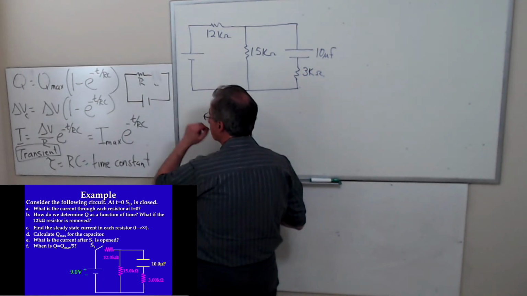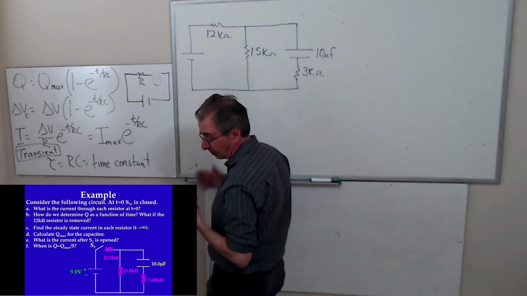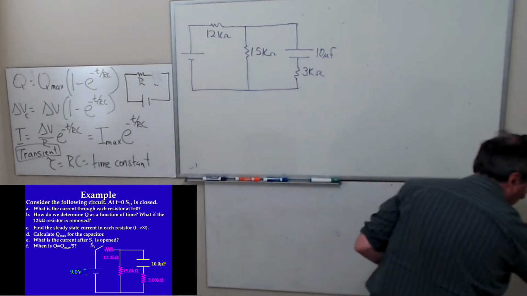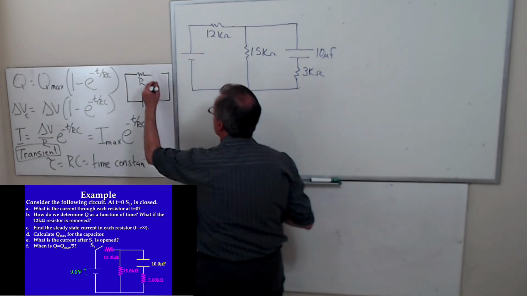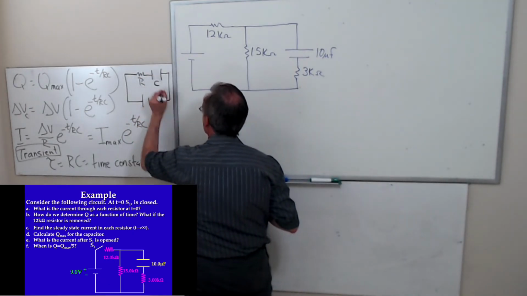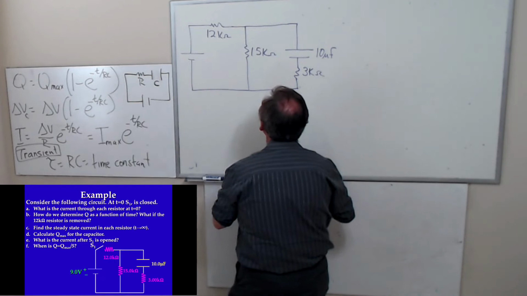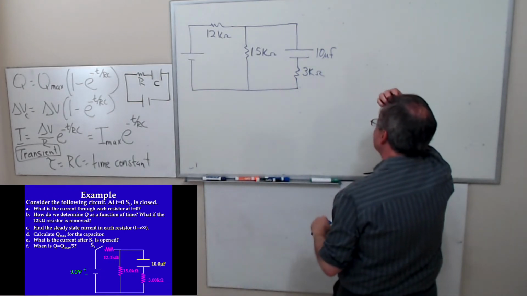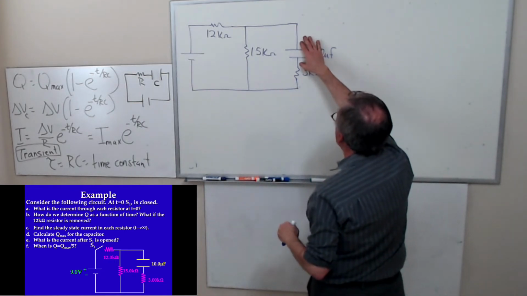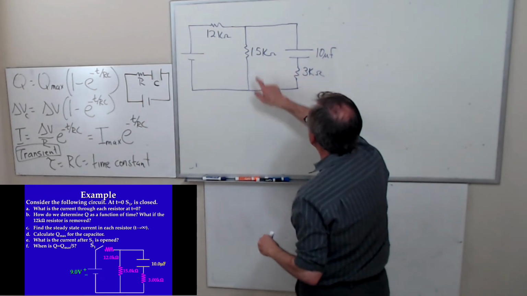But at t equals 0, the capacitor acts like a wire. Okay, so at t equals 0, it acts like a wire. So this one and this one are in parallel.